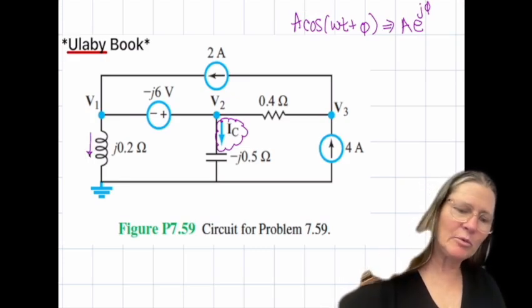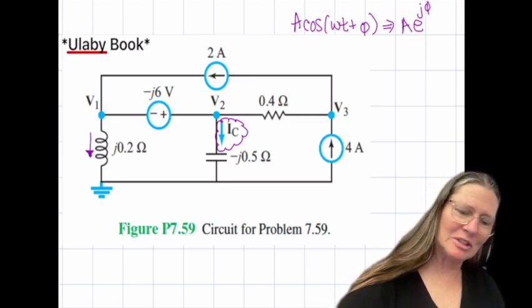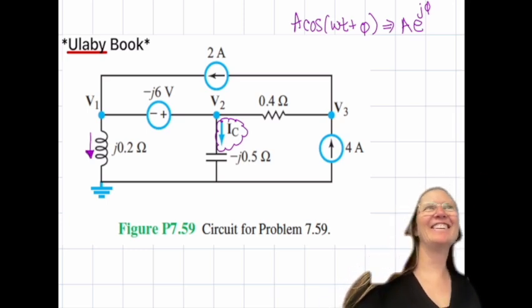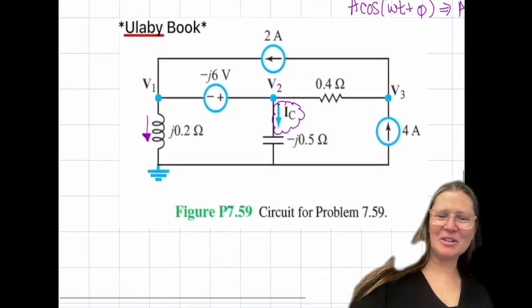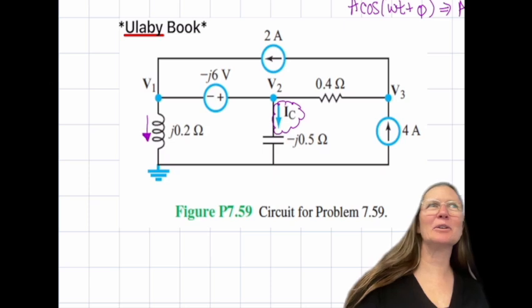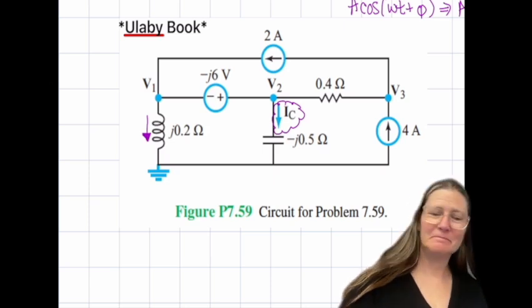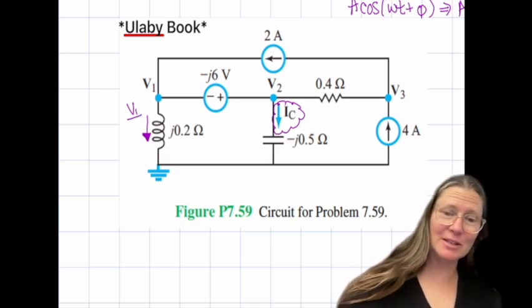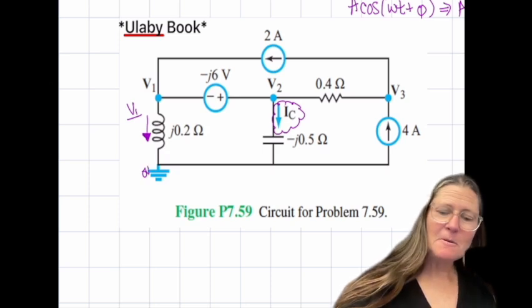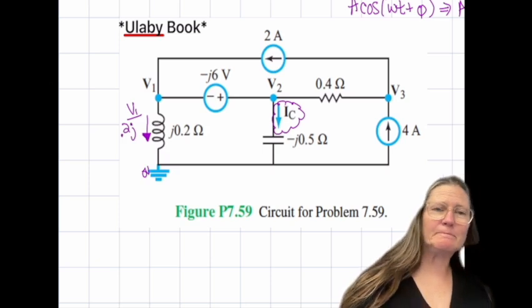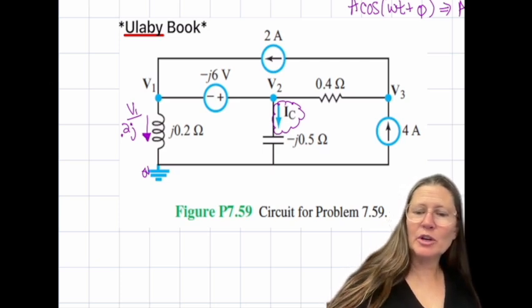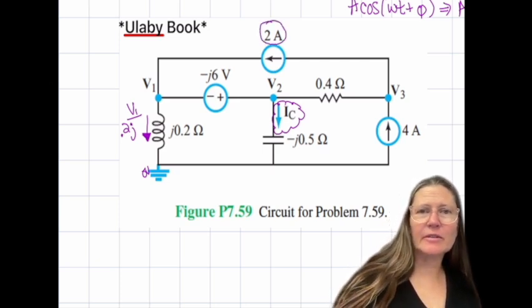Okay, so I see a lot of people not really starting this. So what is the current through this 0.2J ohm? Correct. So it'll be V1 minus 0, because that's this one, over 0.2J. We know the current in this path.